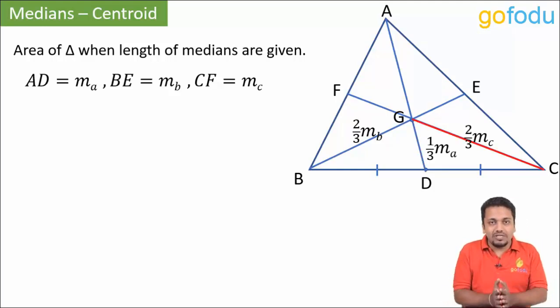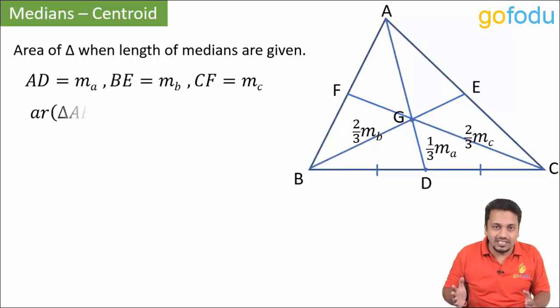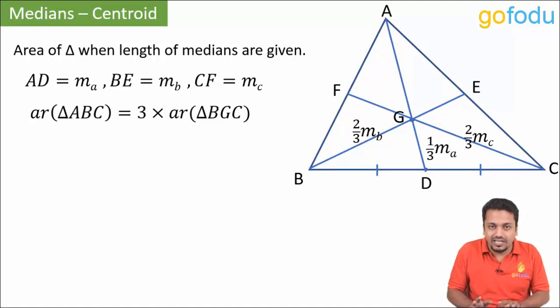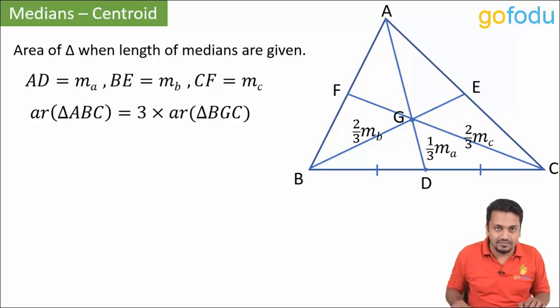So the area of triangle ABC is 3 times the area of triangle BGC, right? This we know. All 6 triangles have equal area. So ABC is thrice BGC.